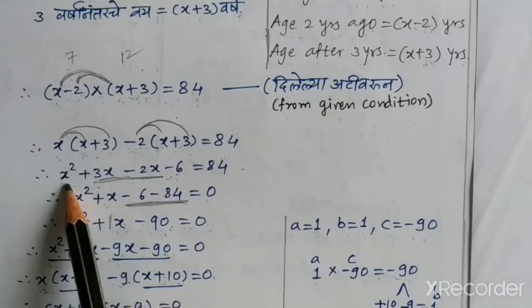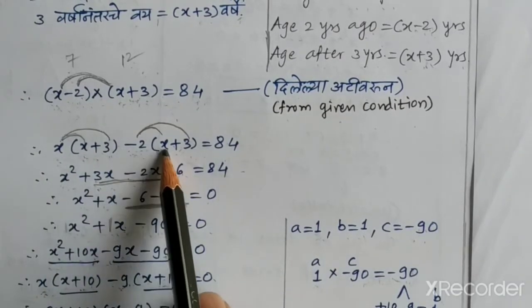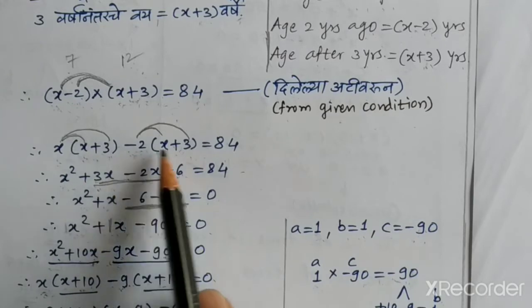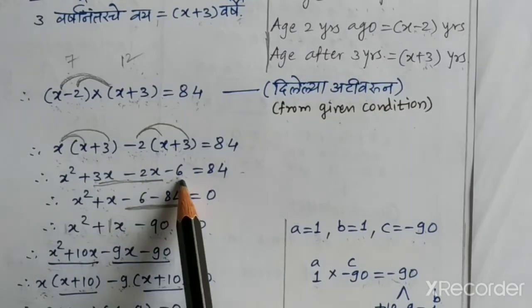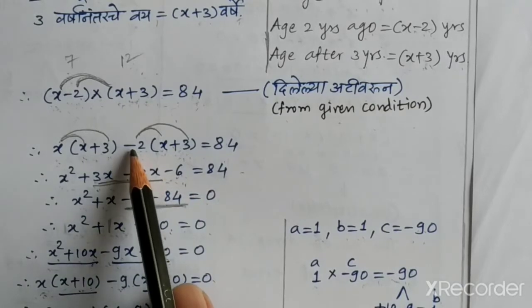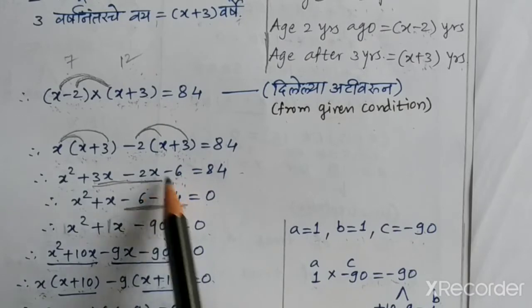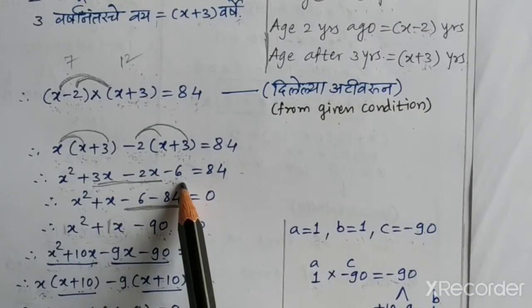So x into x is x square, x into 3 is 3x. Minus 2 into x is minus 2x and minus 2 into plus 3 is minus 6.